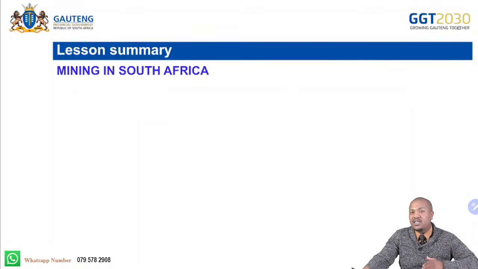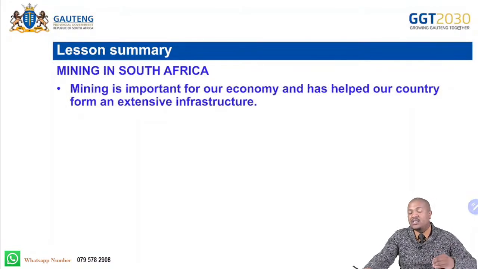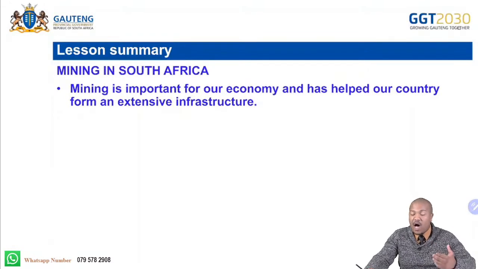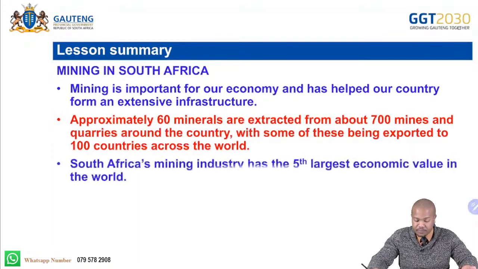And also we highlighted the mining in South Africa, right? We say that it is important for our economy and it has helped our country to develop extensive infrastructure as well as to improve our economy as a whole, right? We said that we have approximately 60 different minerals that are extracted from about 700 mines and quarries around the country, with some of them being exported to 100 countries across the world, right?